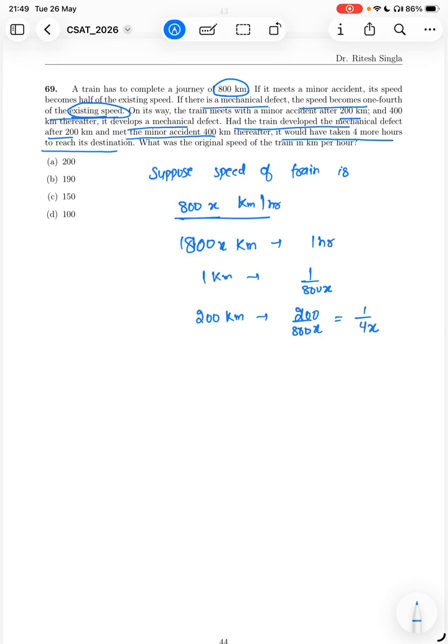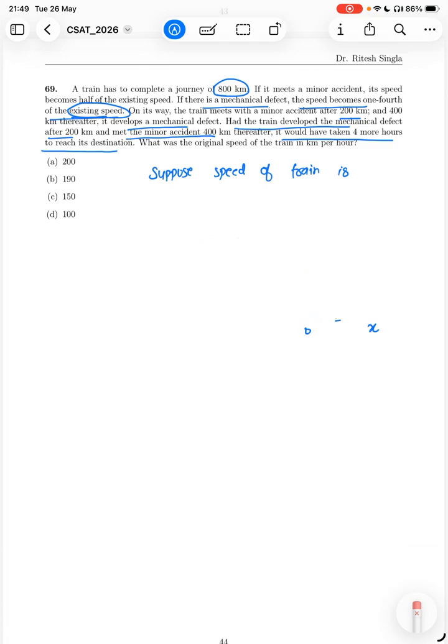Or just let me do this with x kilometer per hour, maybe that will suffice. Let us start with x kilometer per hour, because else there will be the denominator getting large. So suppose speed of the train is x kilometer per hour.